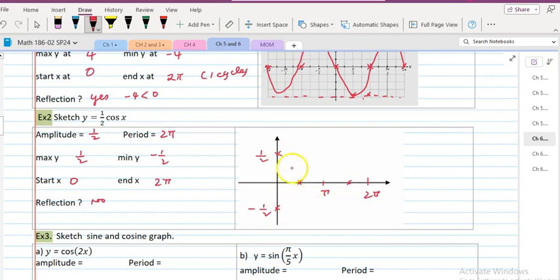At the quarter point, it would go down and then curve here. It would go down to the lowest point right in the middle of the cycle. Go back up and then go to 2 pi, which is the highest point. And then the other cycle would be like this.